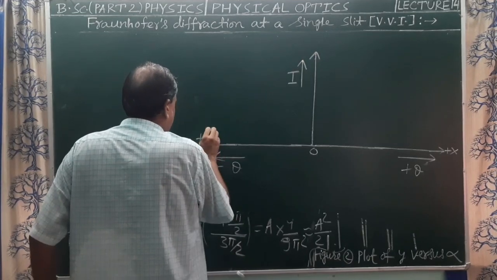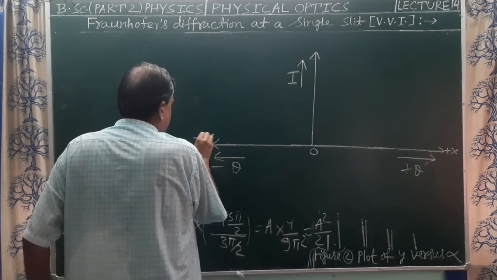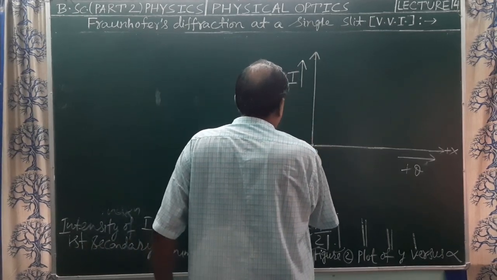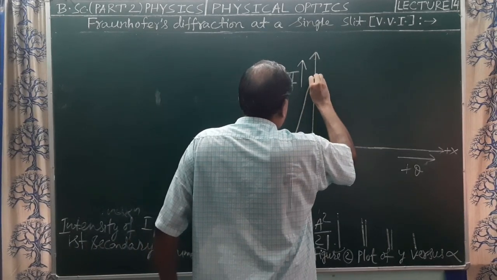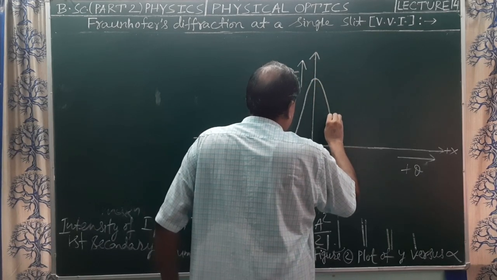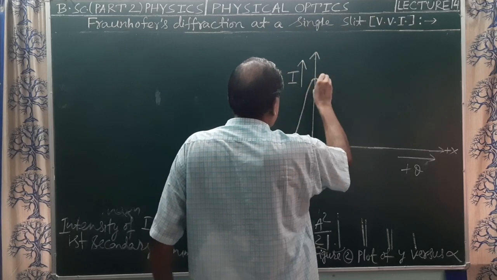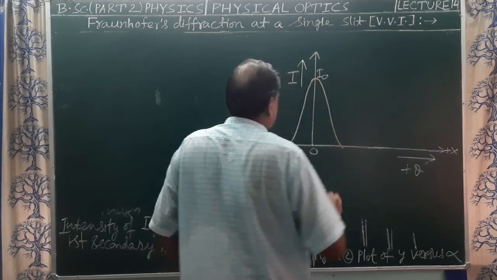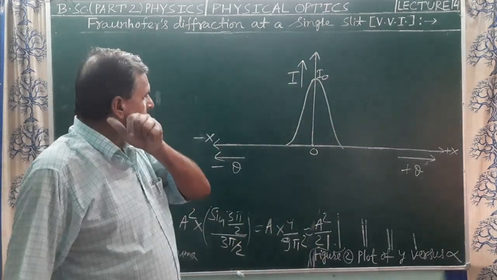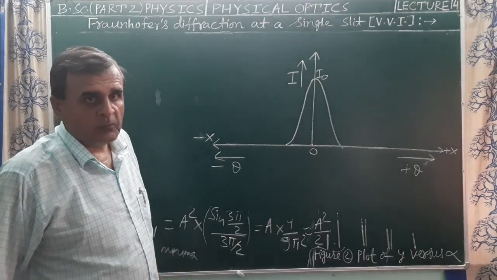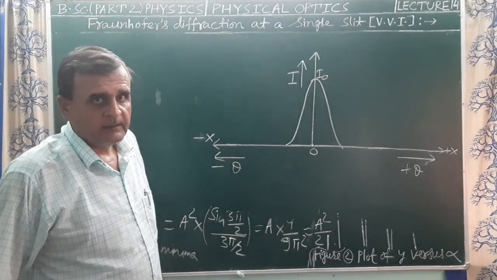Along the plus y-axis it is intensity of light, and at point O, that is at the central maxima, the intensity of light is maximum. So the peak of this plot is I naught, the maximum intensity of light corresponding to the center O of the screen.